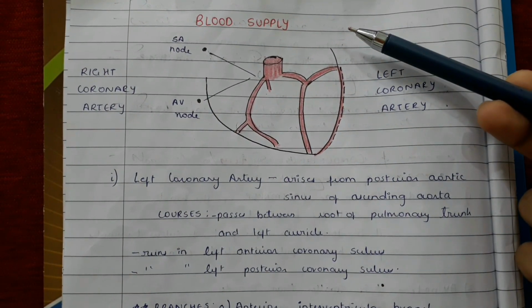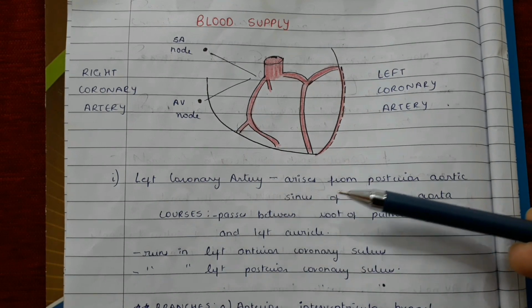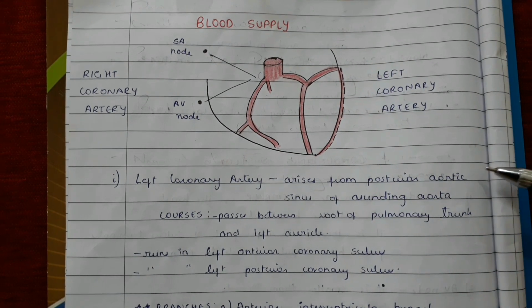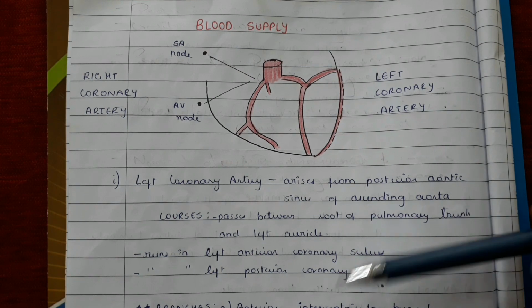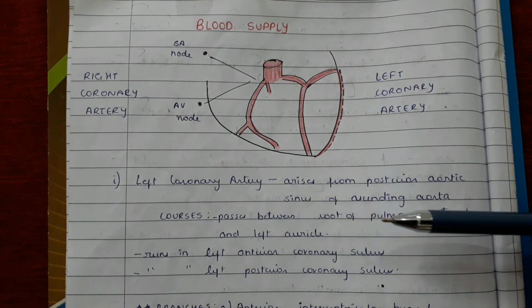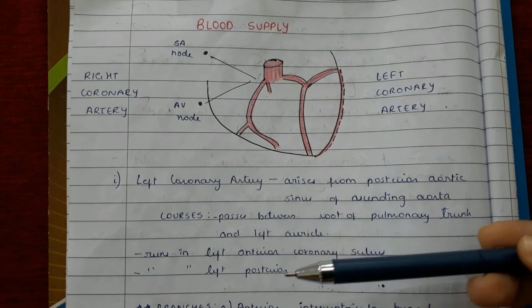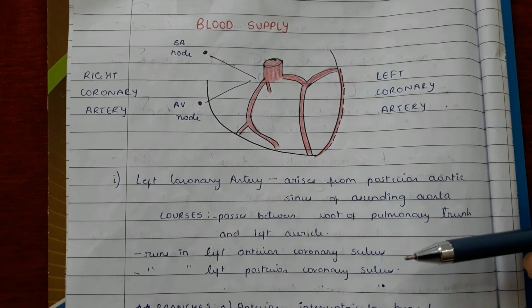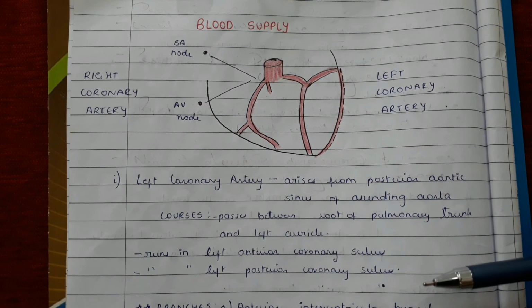Blood supply of the heart. We have the left coronary artery, which arises from the posterior aortic sinus of the ascending aorta. In its course, it passes between the root of the pulmonary trunk and the left auricle. It runs in the left anterior coronary sulcus and runs in the left posterior coronary sulcus.